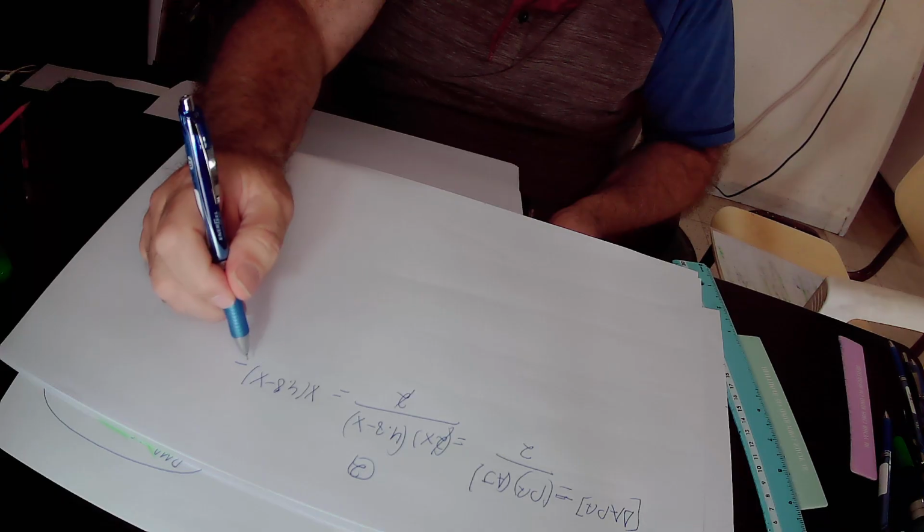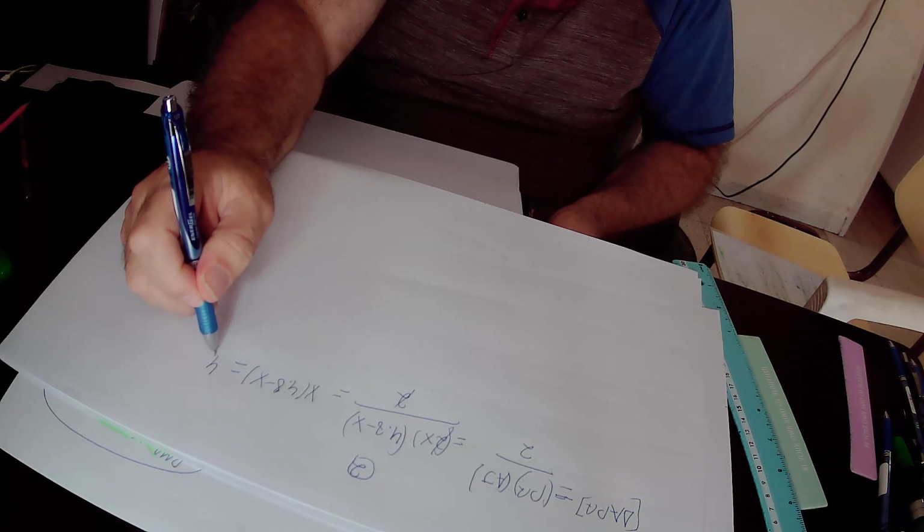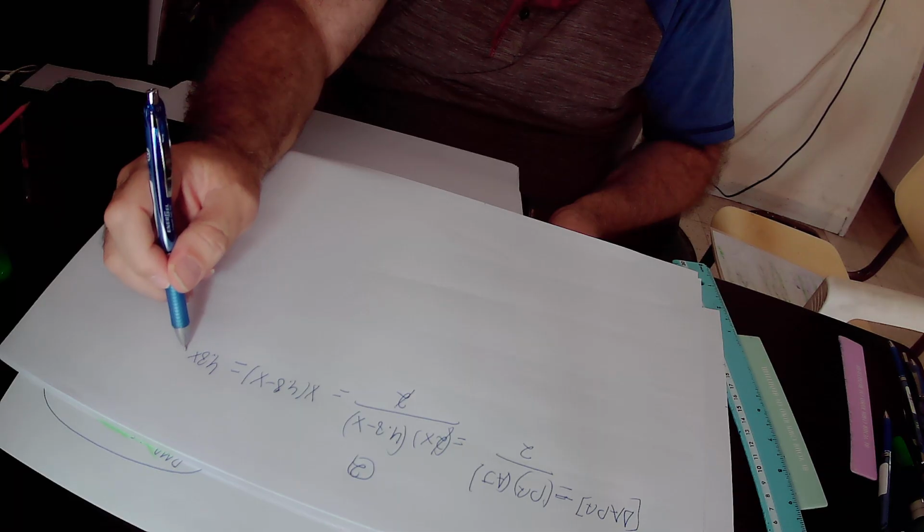Opening the brackets: x times 4.8 is 4.8x, and x times minus x is minus x squared.